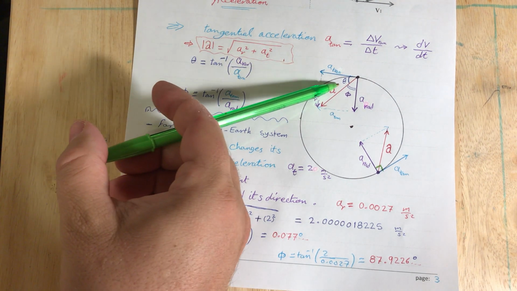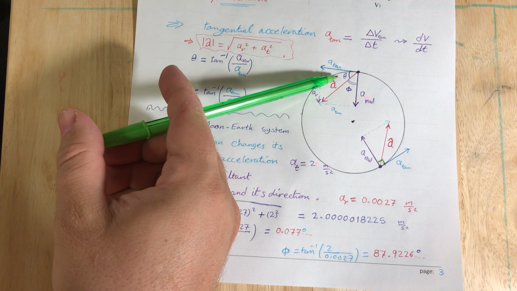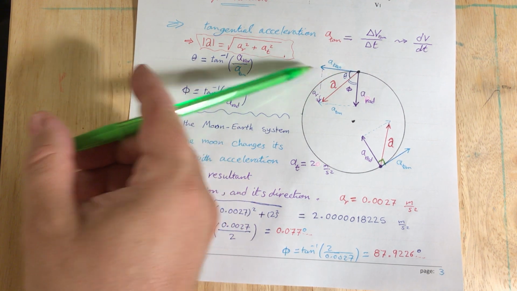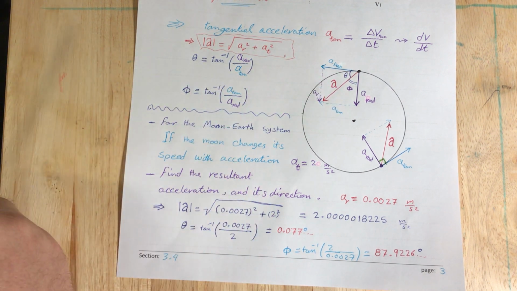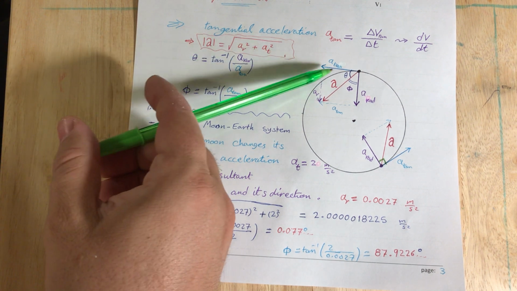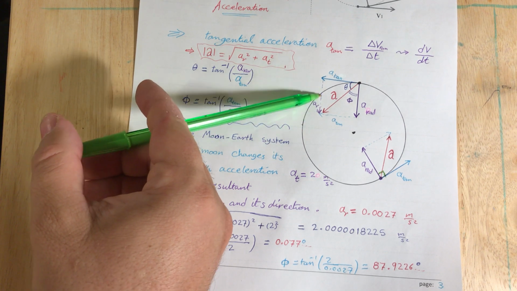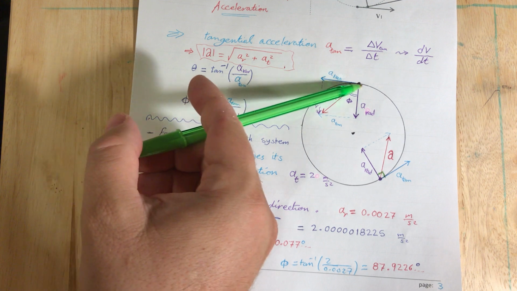What is the angle theta? What is the direction of that acceleration? If I need to find the angle from the tangential direction, which is theta, or from the radial direction, which is phi, I can use tan inverse. tan theta is equal to this side, which is AR, over A tangential.